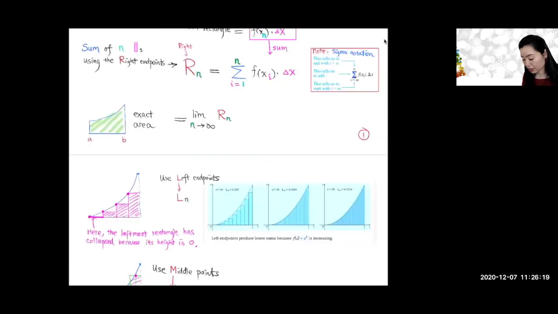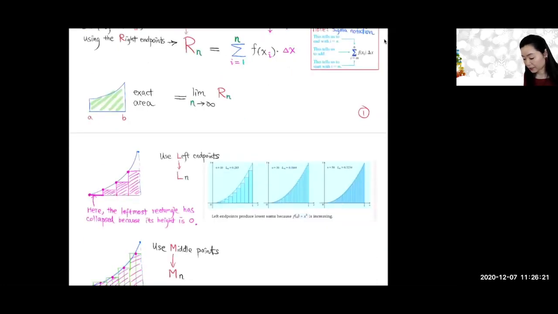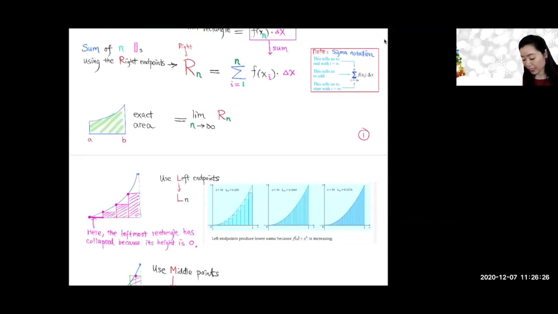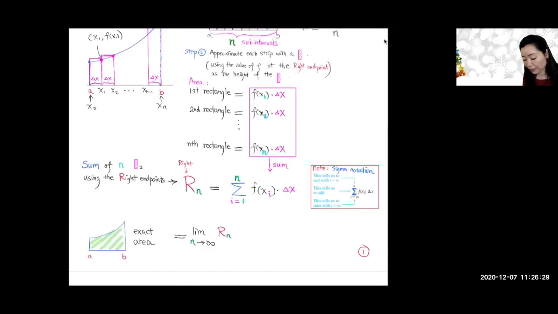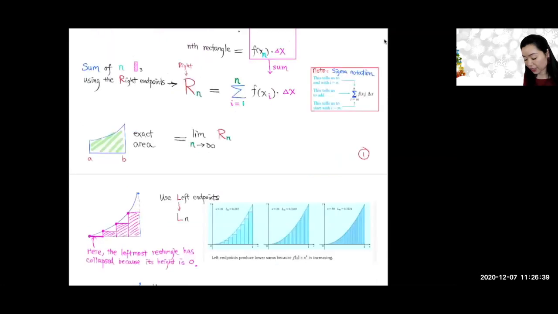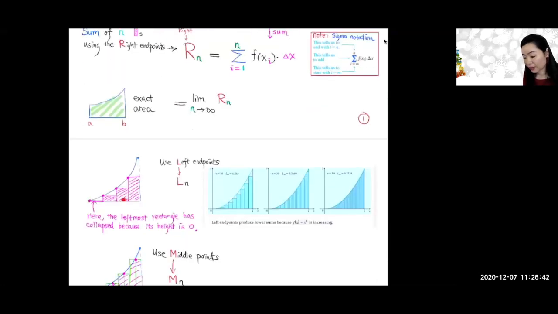You can see this in the diagram. Now, instead of using the right endpoint for the height of each rectangle, we can also use the left endpoint. Here is an example using the left endpoint. We divide the interval into 4 subintervals, but this time we take the left endpoint for the height, and then find the area of each rectangle.